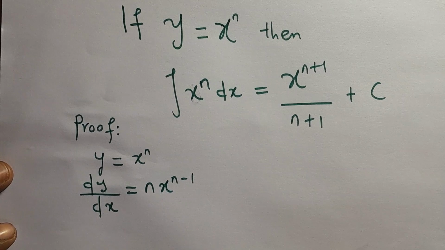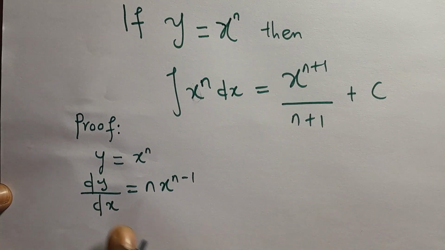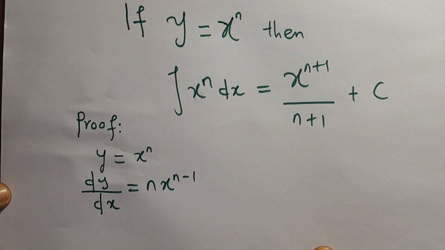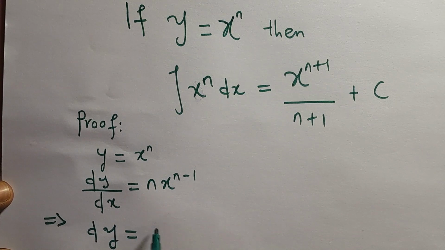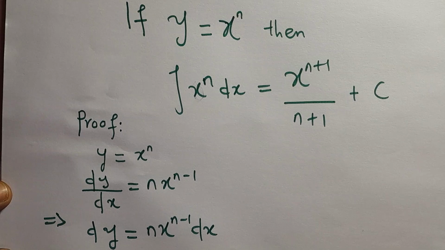Now from here we can cross multiply. When we cross multiply, we have that dy will be equal to n x raised to n minus 1 times dx.